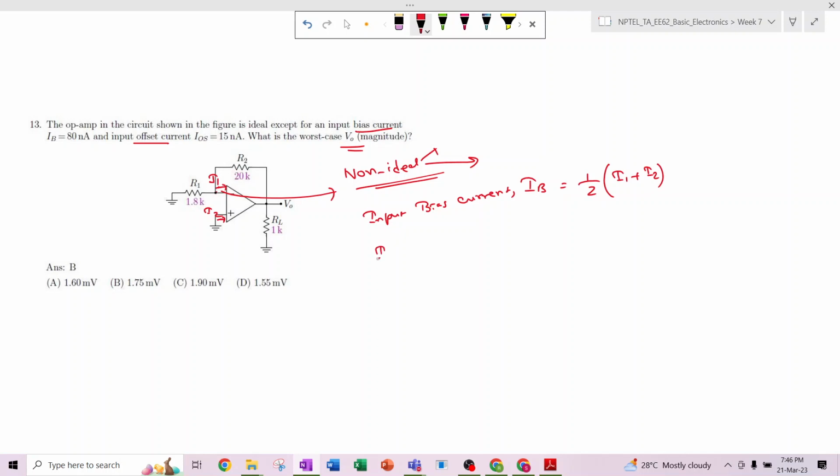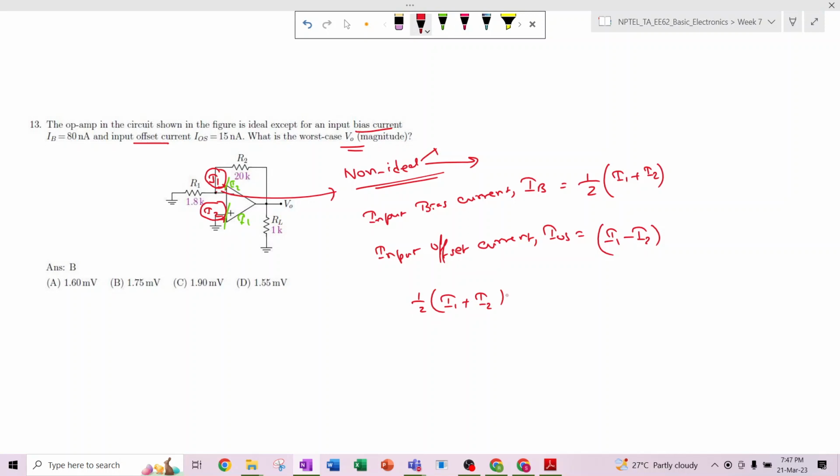And the input offset current can be written as I1 minus I2. These two things are the non-ideality cases. So I1 can be like this and I2 like this, or it can be I2 here and I1 there. Both of the cases are possible.